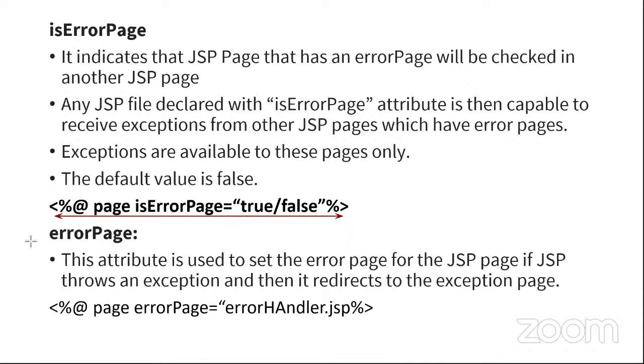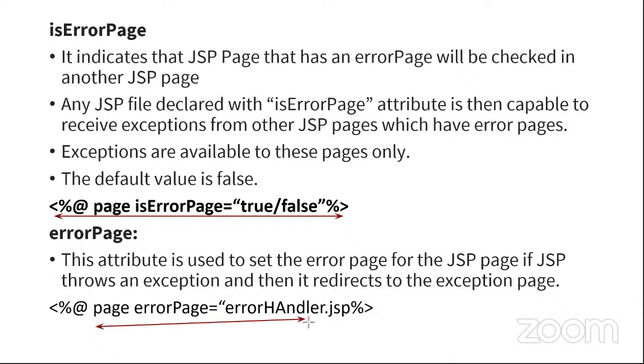In isErrorPage, in case your particular page has an error, then we can pass true. It's not that we must pass true. So the page attribute is isErrorPage equals true. If you don't want to handle exceptions, then you can pass false directly. And you are going to define one more page where you are going to handle that exception.